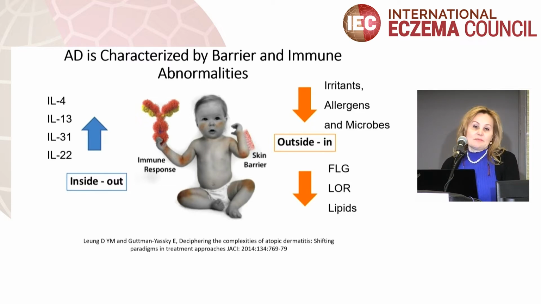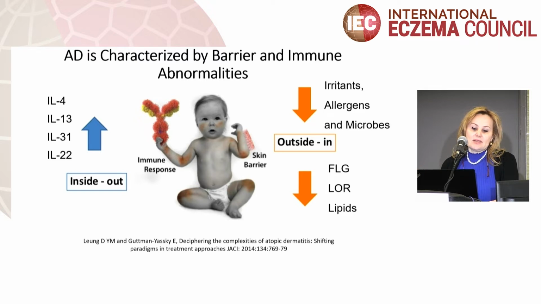So atopic dermatitis is a disease that we definitely know now the pathogenesis, and that led to all the therapeutic development we now have in atopic dermatitis. So we know that atopic dermatitis has two pillars. On one hand, we have vast immune abnormalities with increases in type 2 molecules or cytokines such as IL-4, IL-13, IL-31, IL-22 that belongs to the Th22 pathway.